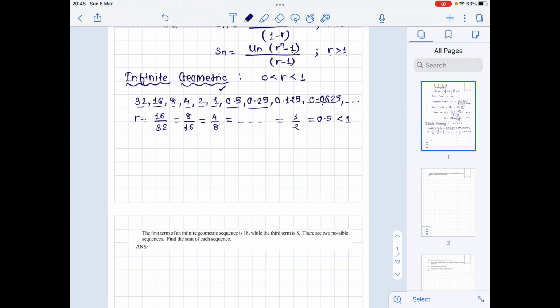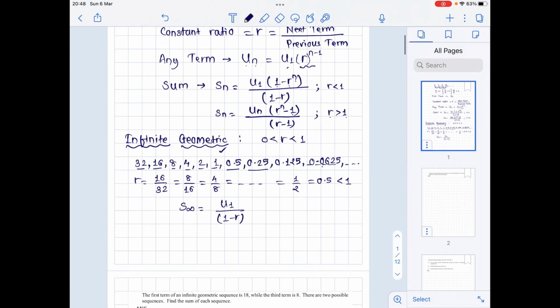And in that case, if you apply the same logic, then your S infinity is equal to u1 over 1 minus r. I'm sorry, here it is not n, it is u1.